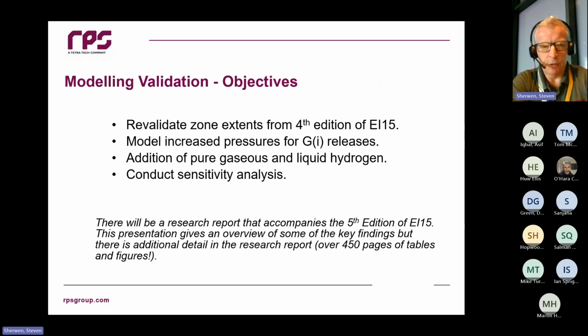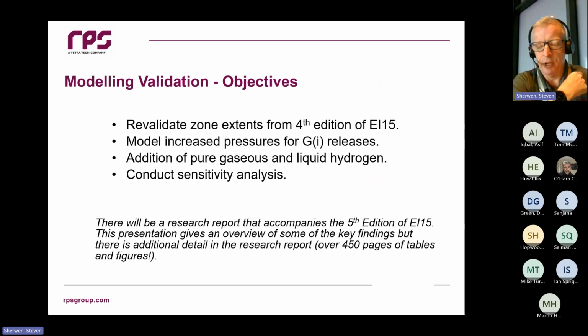Another big driver was the recognition that we're moving away from a hydrocarbon economy to a hydrogen economy. EI15 always had hydrogen in there, but quite a lot of people were getting confused because the hydrogen in the older editions of EI15 wasn't pure hydrogen. It was what they call refinery hydrogen.